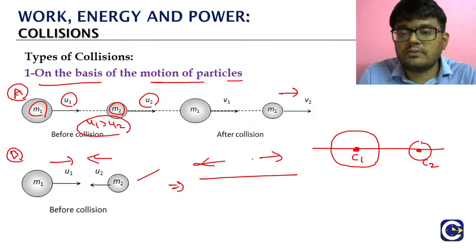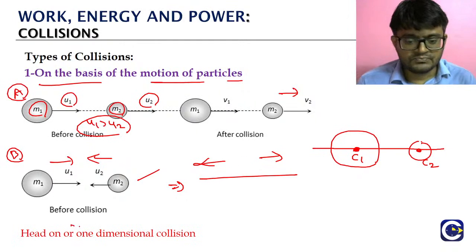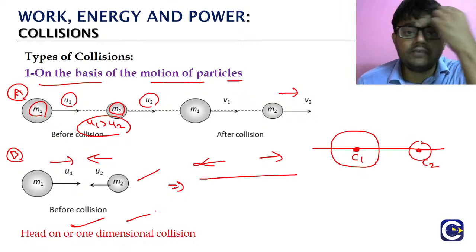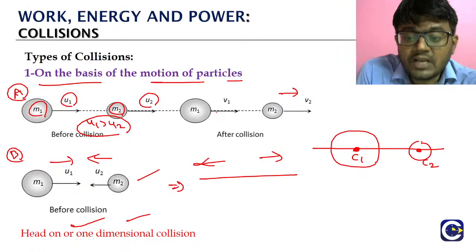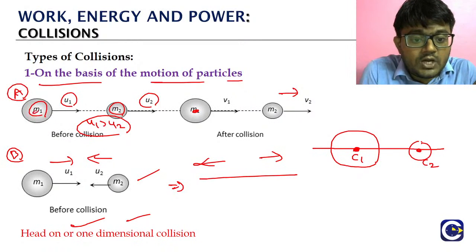Such a collision is what we will be calling either a one-dimensional collision or a head-on collision. So what is the main requirement for the 1D collision or head-on collision? The velocities of the particles before the collision should be along that center to center line.